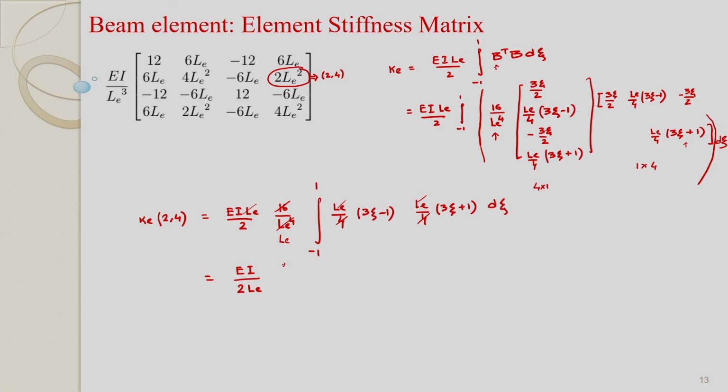Now, inside integration we have (3 xi minus 1)(3 xi plus 1), that is 9 xi square minus 1. So, EI by 2 Le, this will be 9 by 3 xi cube, 2 minus 2.